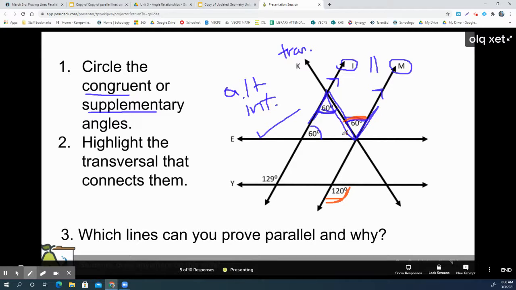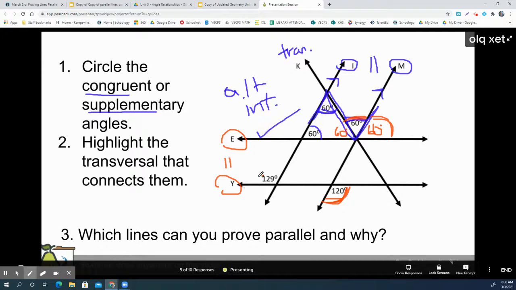I'm not sure that works either. Although there are some things where we know all of those are 60, and then we could conceivably say this 60 and this 120 make E and Y parallel, but that's extra. We haven't gotten there yet.